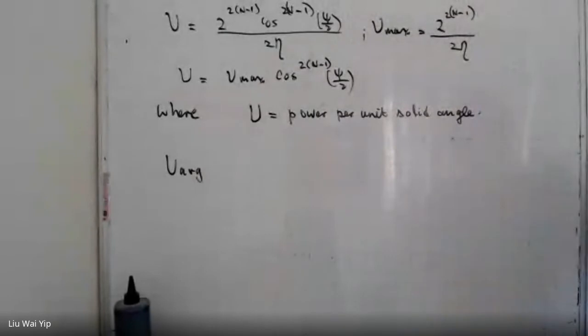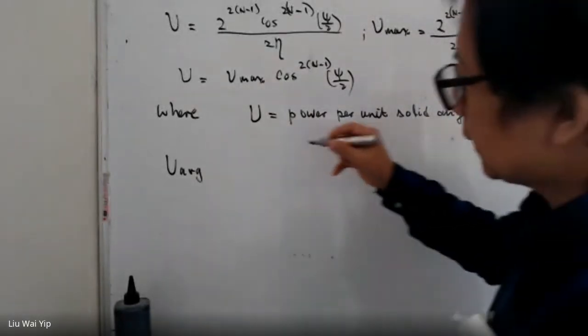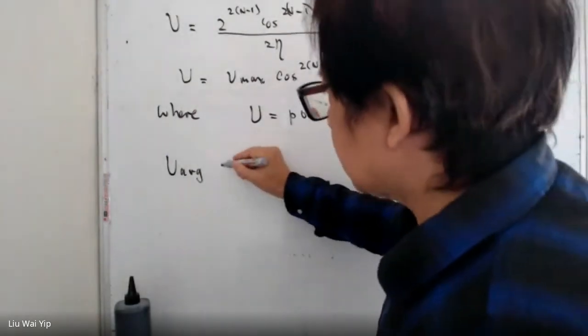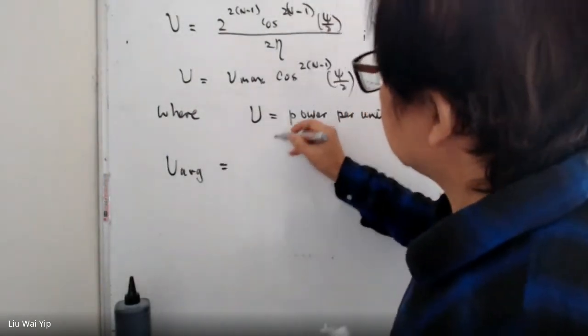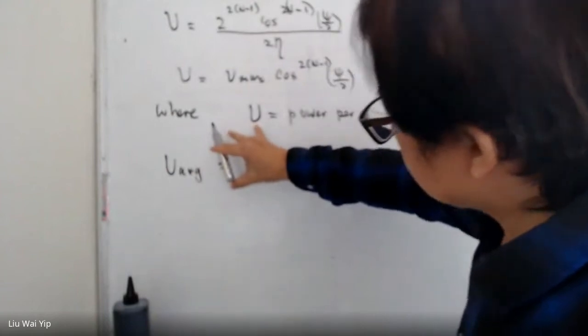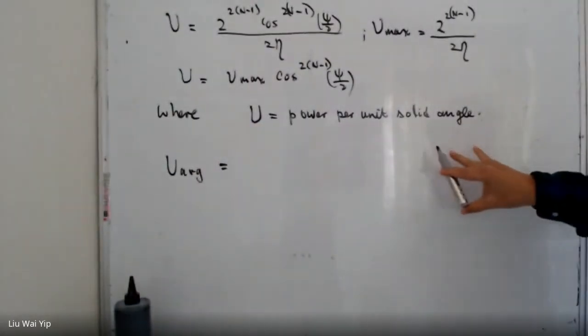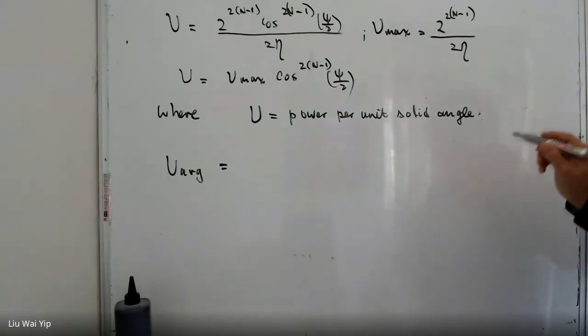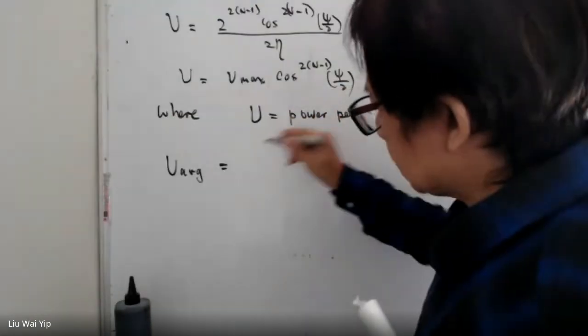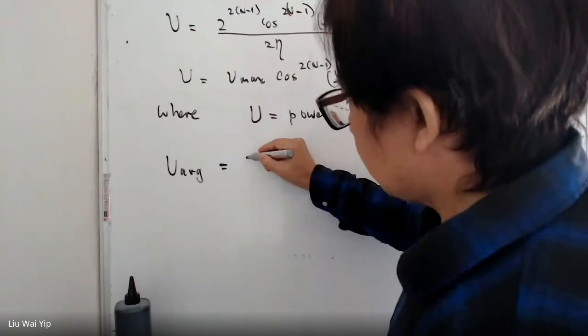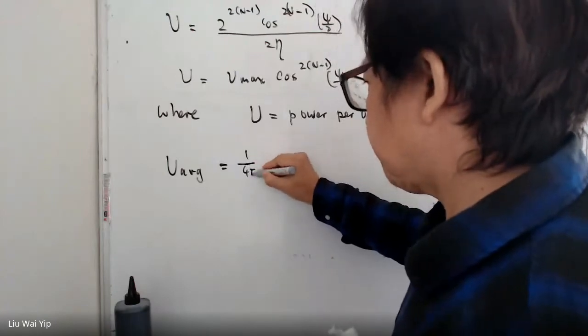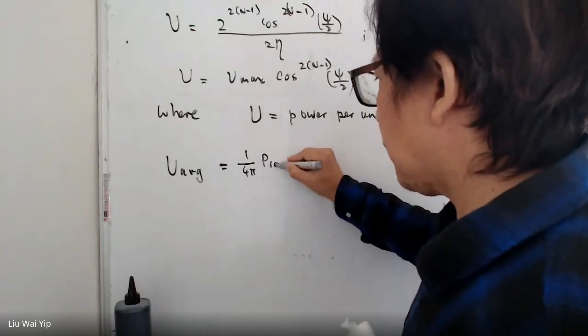The average of the intensity. By definition, the intensity is the power per unit solid angle, and we use a different formula: 1 over 4 pi times the total power radiated.